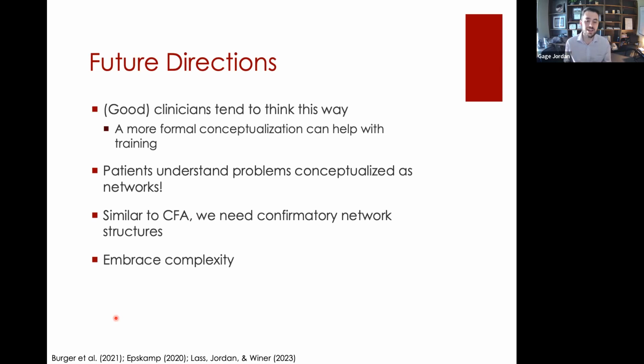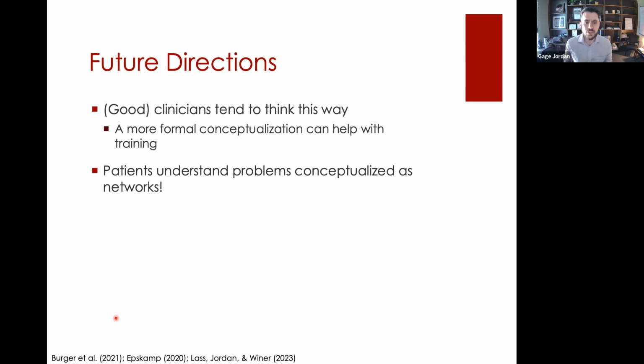But really my idea here, when we think about mental disorders, is to embrace the complexity, right? Don't just say it's depression and that's it. Depression means a lot of different things, but what constitutes depression? And some really interesting research is having patients construct their own networks. You can do that through EMA, ecological momentary assessment.